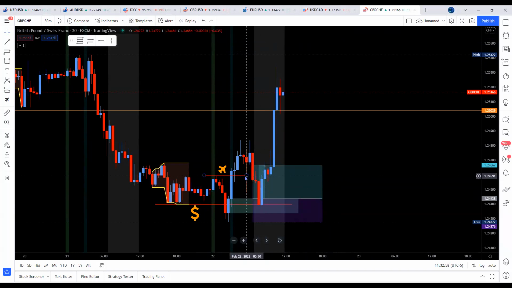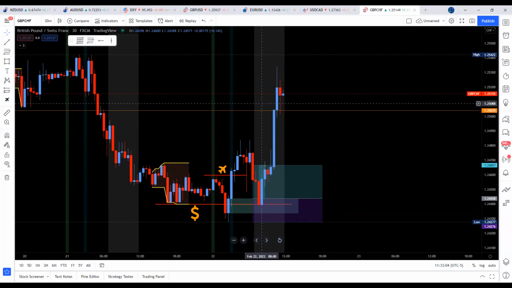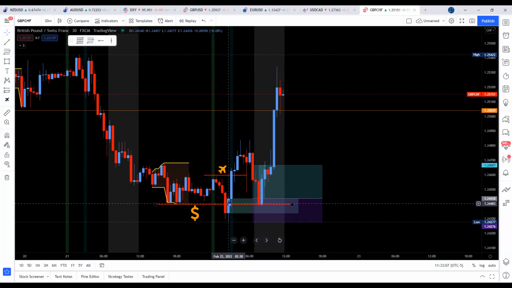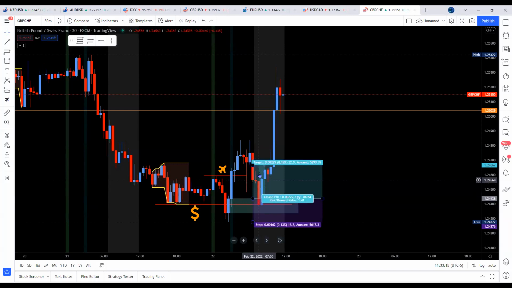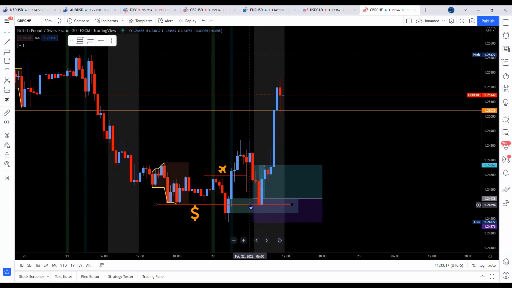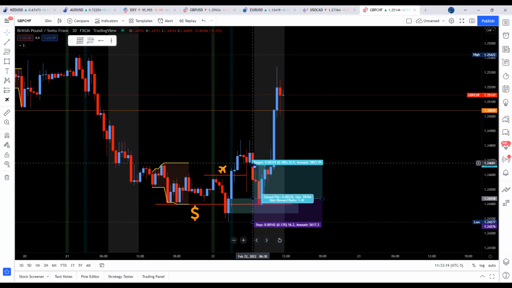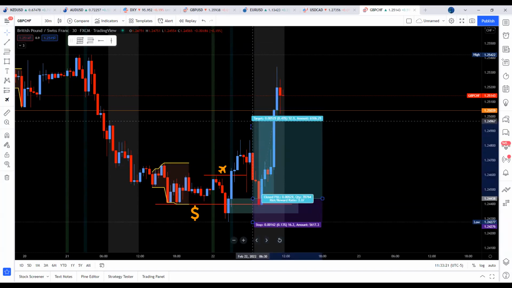This was essentially discouraging retail traders from trading into this, and then it took as much liquidity as it wanted. So right here we have the actual order block that we were specifying. And from here we had a pretty nice entry, and now that we've got our entry and our stop loss, next is our target definition.